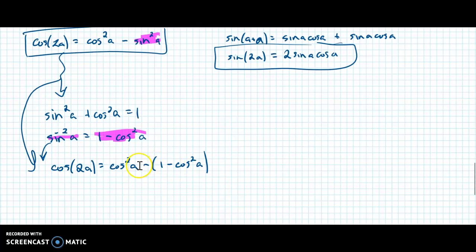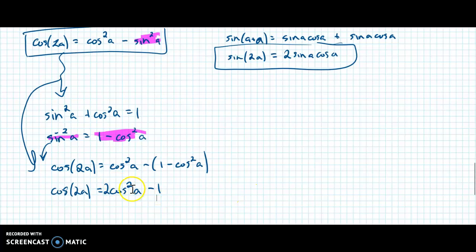So from here, notice I've got a minus 1, but then I've got a minus, a double negative right there. So a double negative cosine squared. Well, I've already got one cosine squared there. So what do I get? I get cosine of 2A is equal to cosine squared, or sorry, 2 cosine squared A, not plus, minus 1.